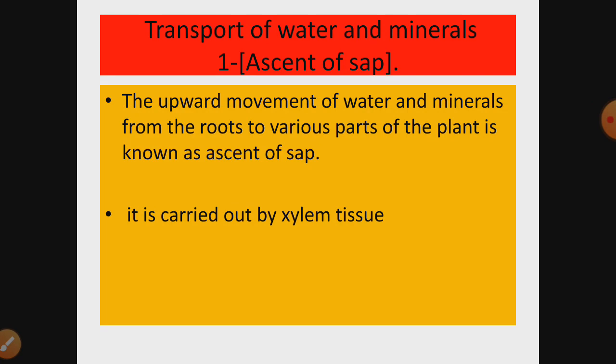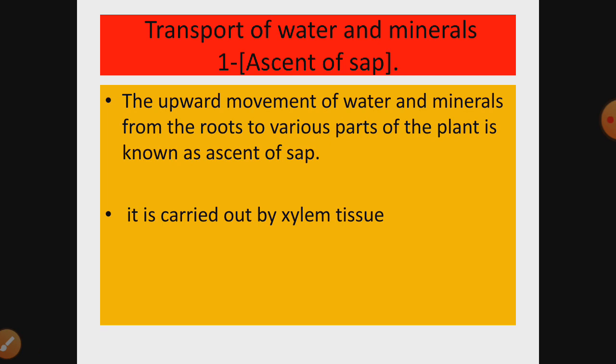Now, in today's class, we will see how the water and mineral move from the roots to the leaves, because leaves are considered to be the site of photosynthesis, or you can say the kitchen of the plant. So how does it happen, how does the water move upward in one direction and go to the leaves?